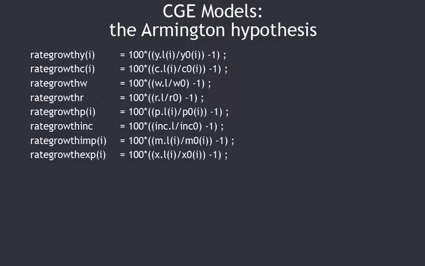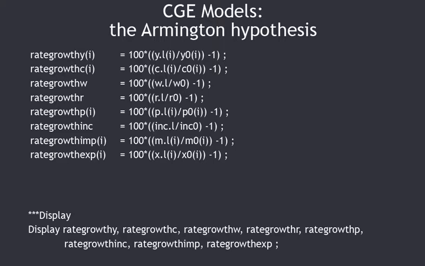I calculate these relative variation rates defined in percentage terms, which is why I multiply by 100, by comparing the current value of these endogenous variables, for example y.l in sector I, with the initial value y0 in sector I. I remind you that the suffix .l defines the current value of a variable, and the parameter y0 in sector I is the initial value of the variable y. Finally, I request the display of these parameters by the display instruction.